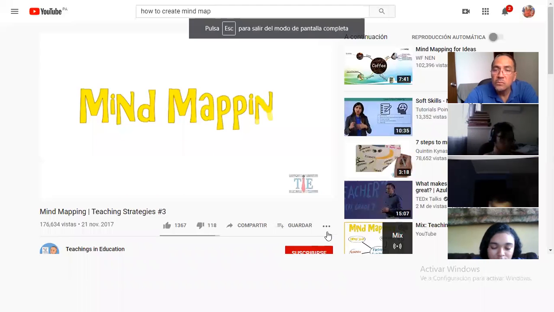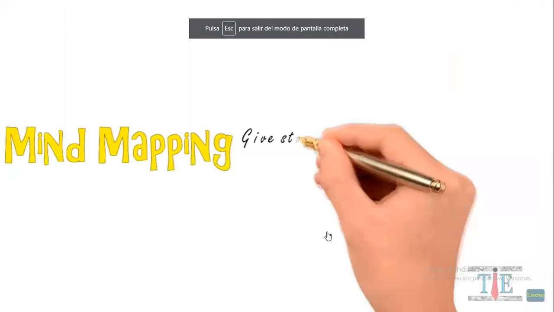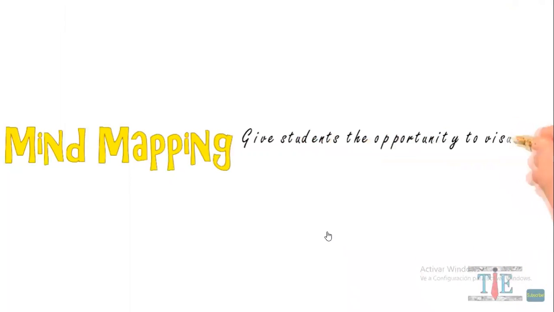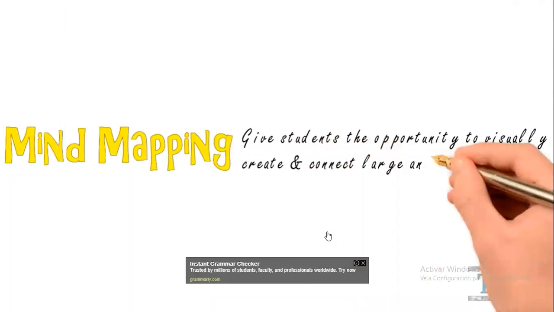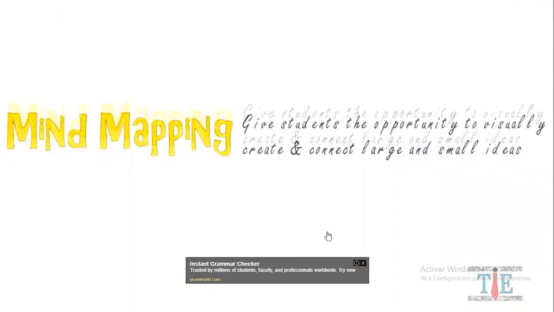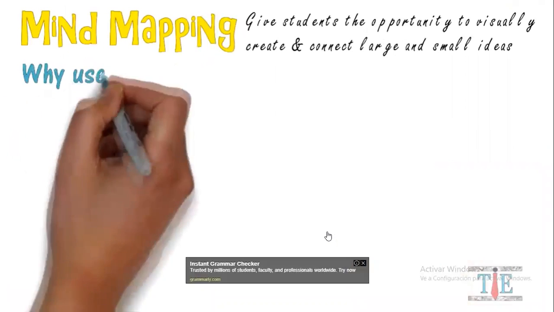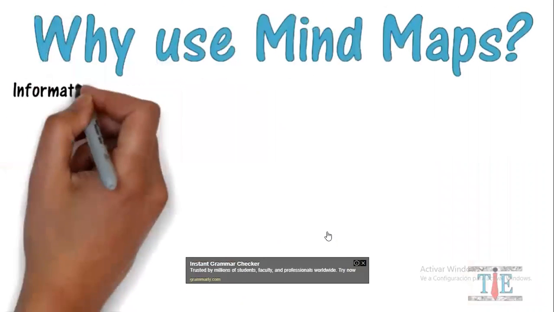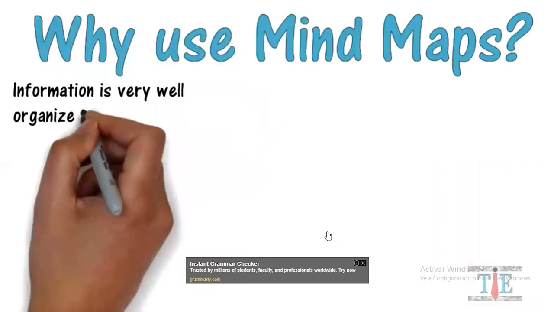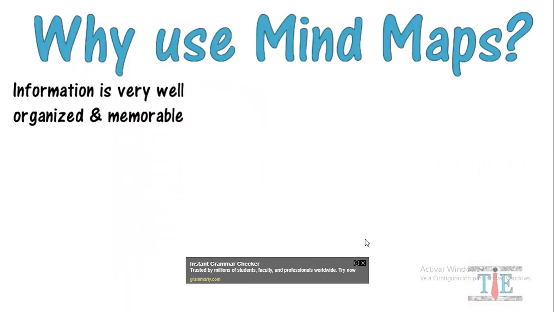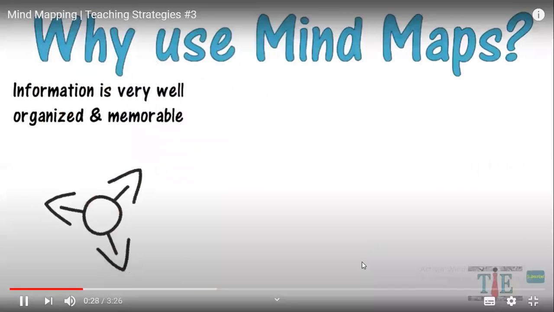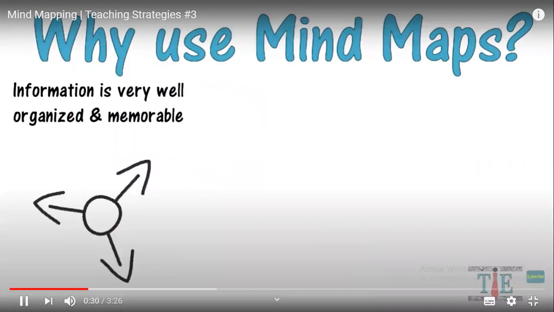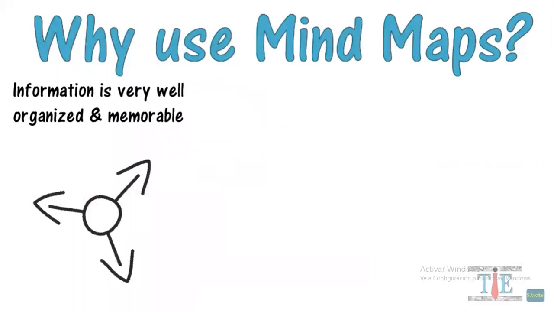Hello and welcome to Teaching and Education Mind Mapping. Give students the opportunity to visually create and connect large and small ideas. Let's first answer the question of why we should use mind maps. When it comes to mind mapping, information is very well organized and memorable. Information is classified using single words and circles rather than reading large paragraphs of information.